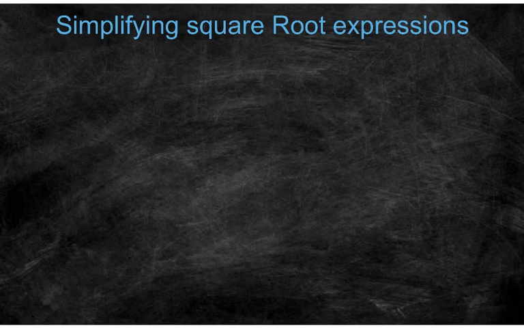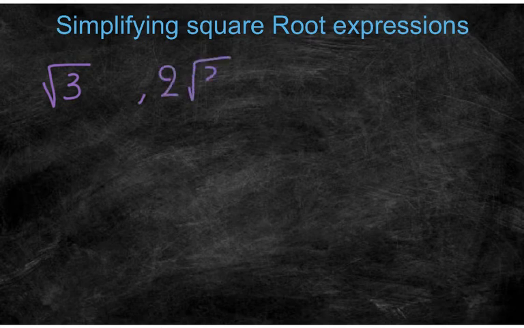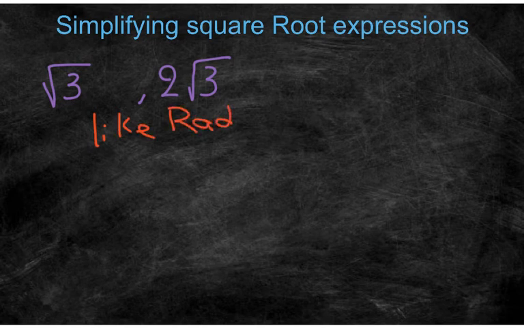Sometimes there are square root expressions involving square roots with the same radicands, like this: square root 3 and square root 3. They are called like radicals.